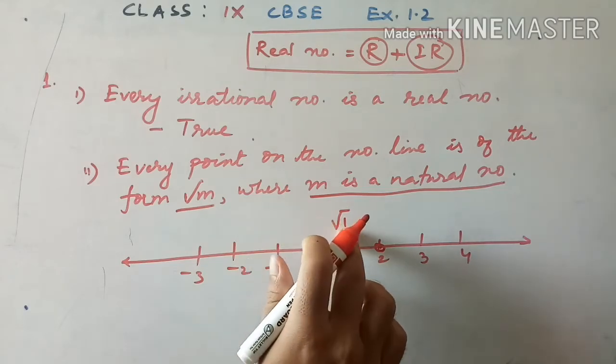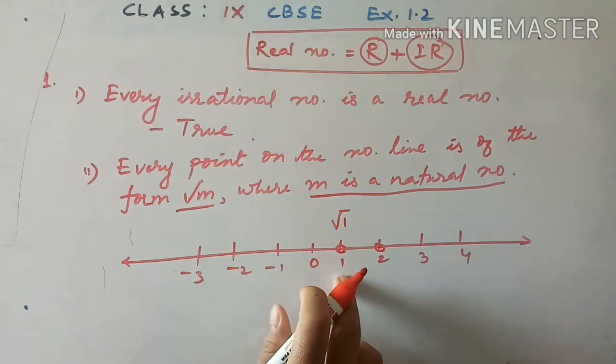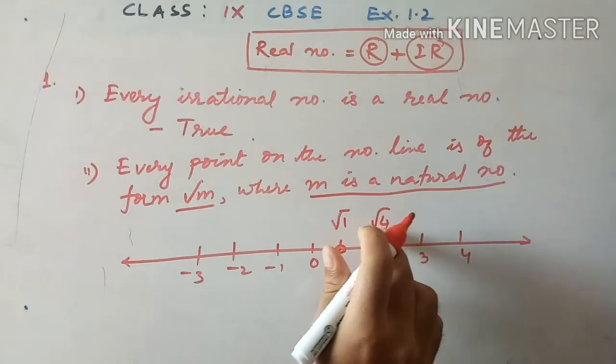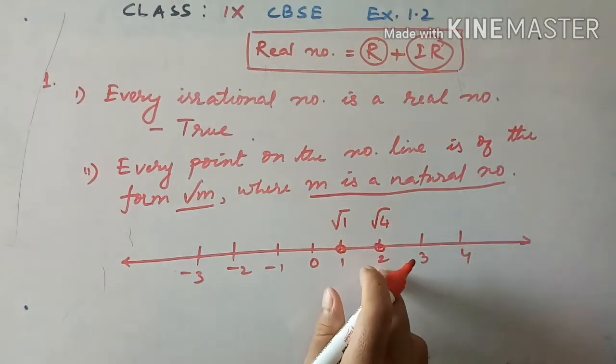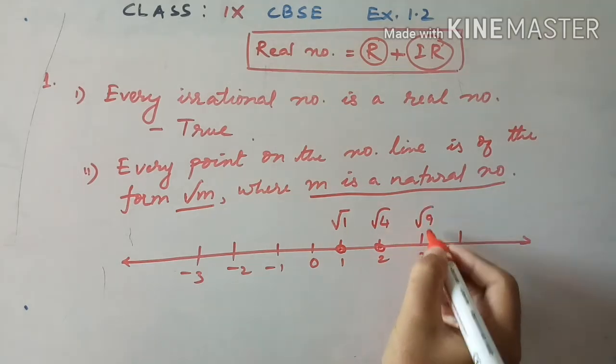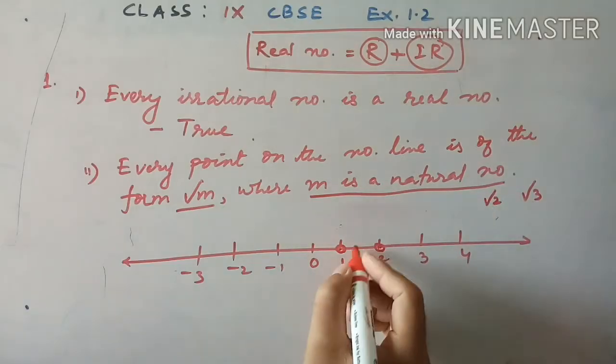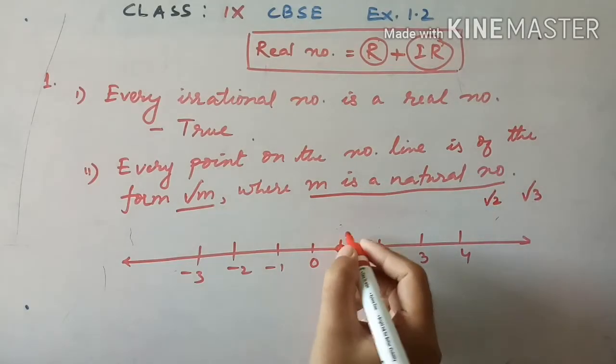Square root of this natural number 1 will give 1. Square root of 4, a natural number, if we find the square root, will give 2. Like that, square root of 9, what will come? 3.